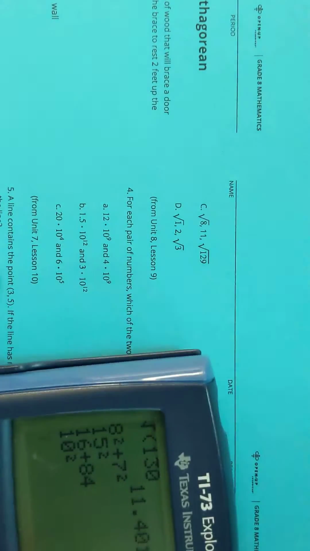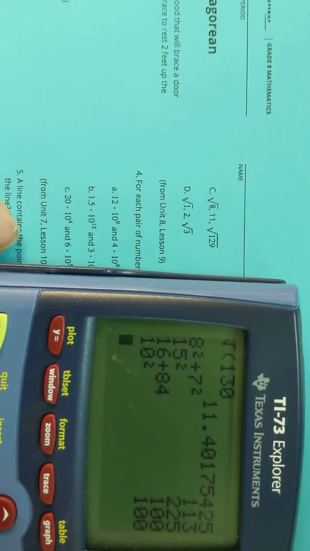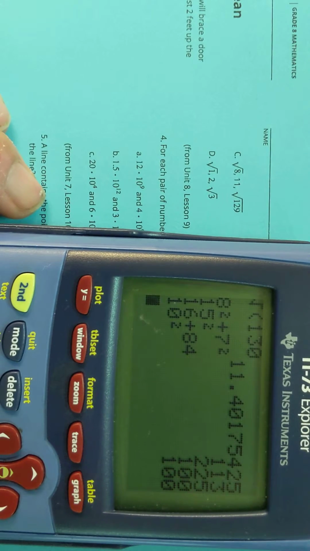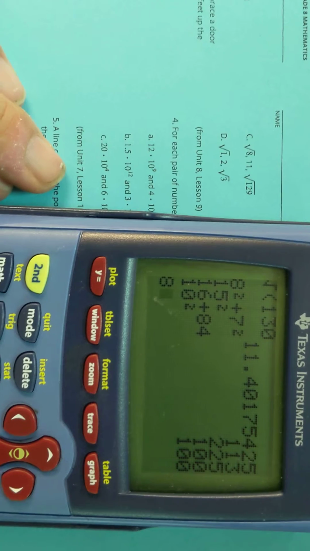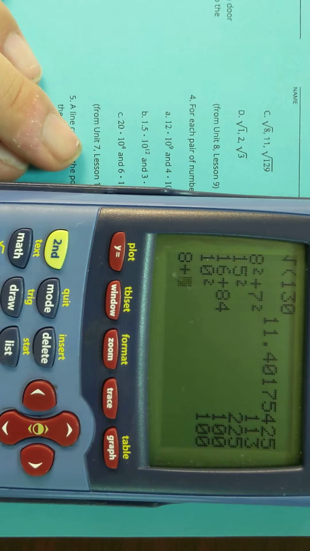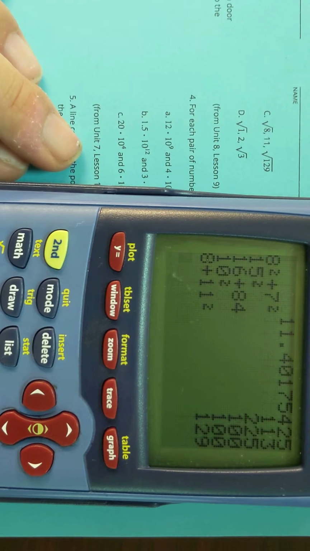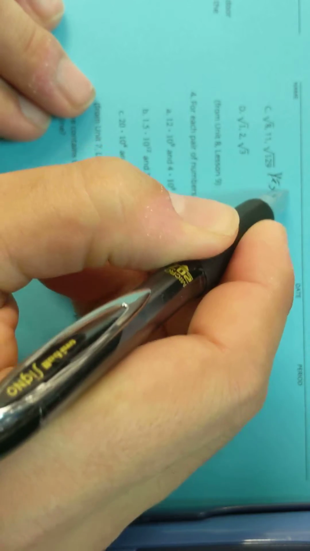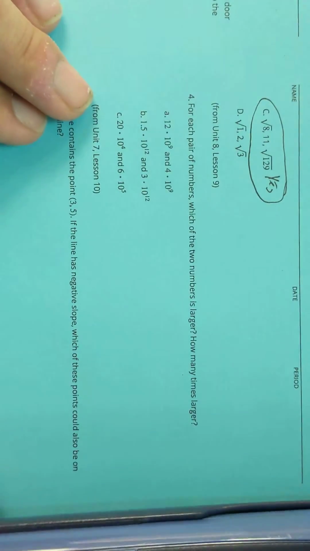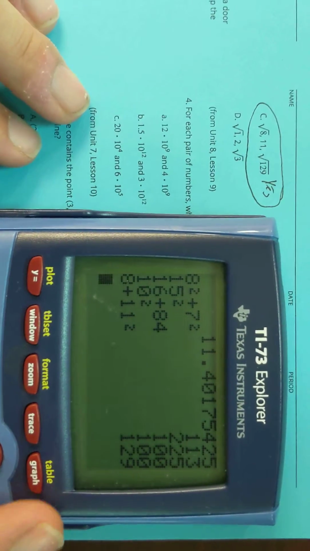Alright, continuing at the top of the next page. So it looks like we have 8 squared plus 11 squared, 129, and then that's going to be 129 squared. So this one is also a right triangle. Those two shorter sides add up to make the longer side.